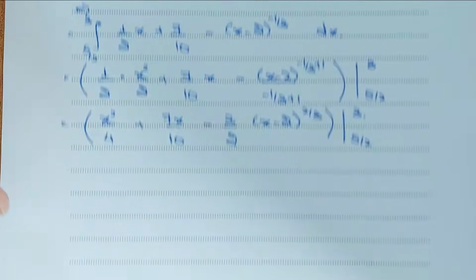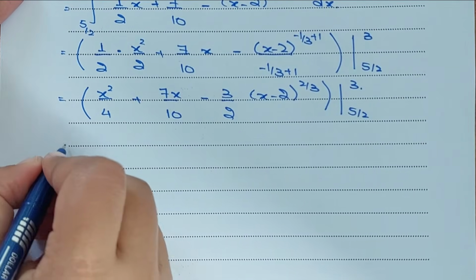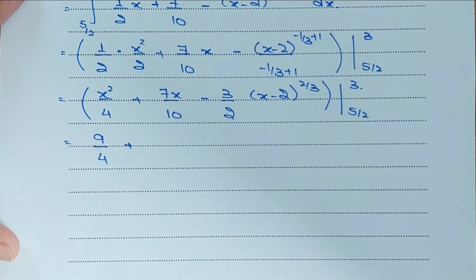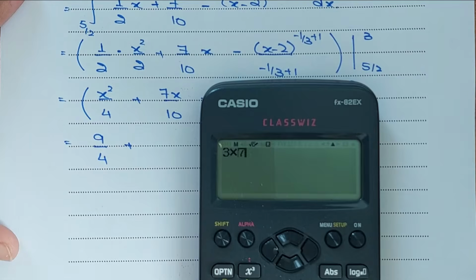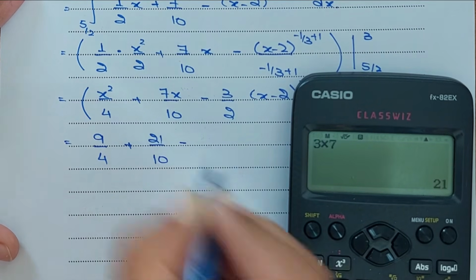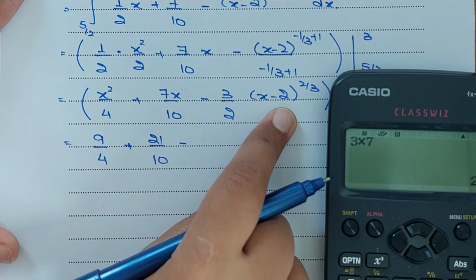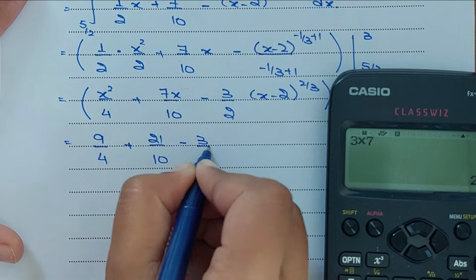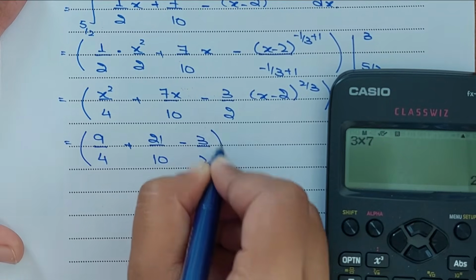Let me substitute the upper limit first. We have 3 squared is 9 over 4, plus 3 times 7 is 21 over 10, minus 3 by 2 times (3 minus 2) to the power 2 by 3, and 3 minus 2 is just 1, and 1 to any power is 1. This is my upper limit.